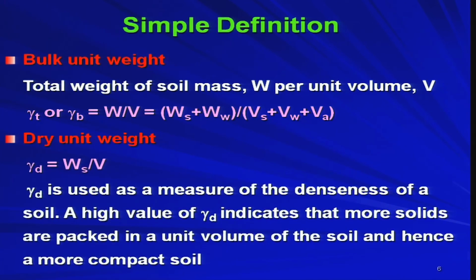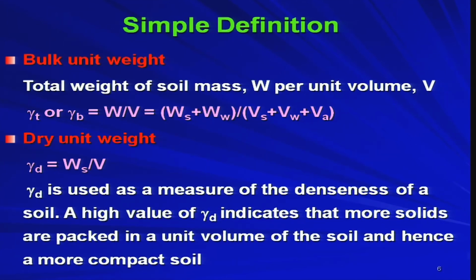Now, coming to the next definition, dry unit weight. What do you mean by dry unit weight? Dry unit weight is expressed as gamma D, which is equal to Ws by V, that means the weight of soil solids by the total volume of the matrix. What does it indicate?